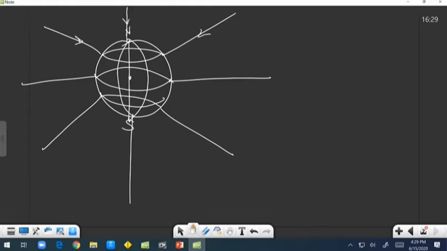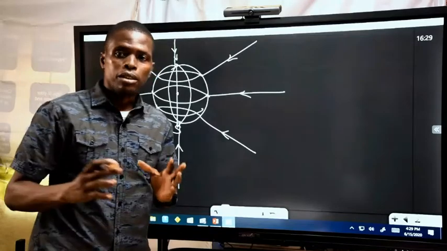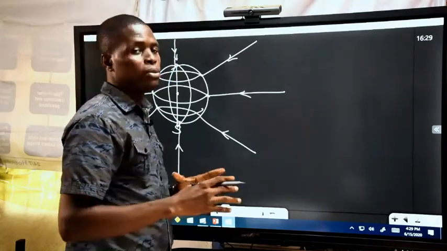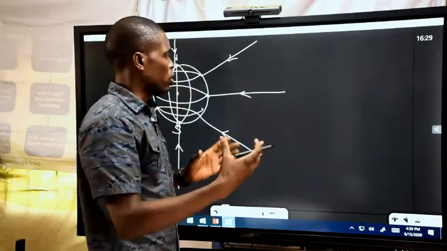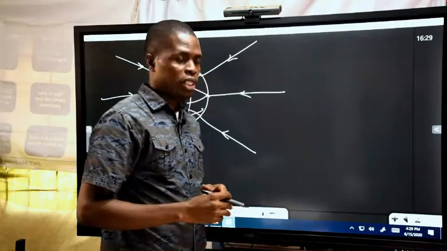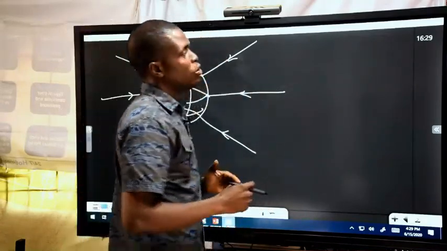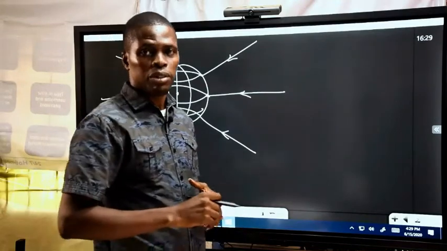So these field lines are due to the universal gravitational force. And the force that is acting within the universe is as a result of the influence from the sun and other planetary bodies around the Earth. So basically, we talk about Isaac Newton's concept of gravitation.